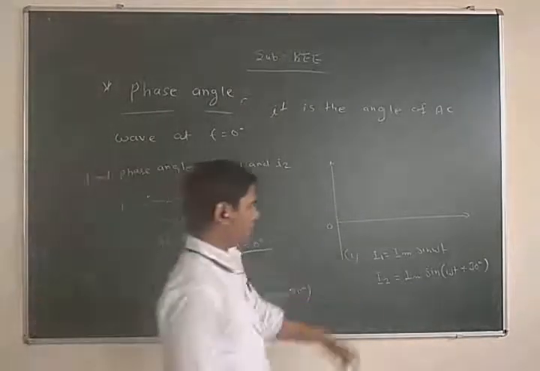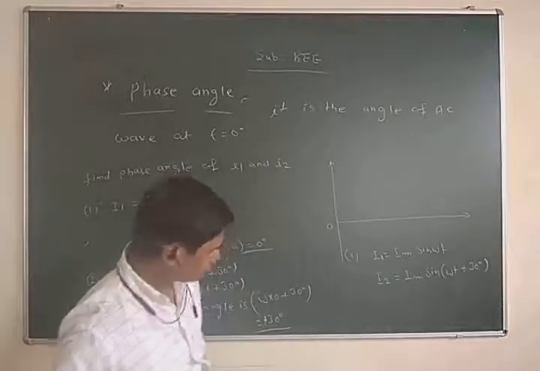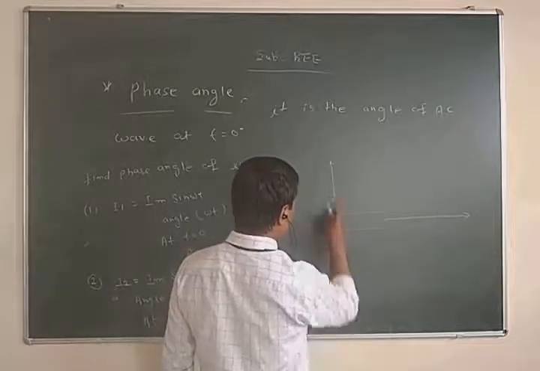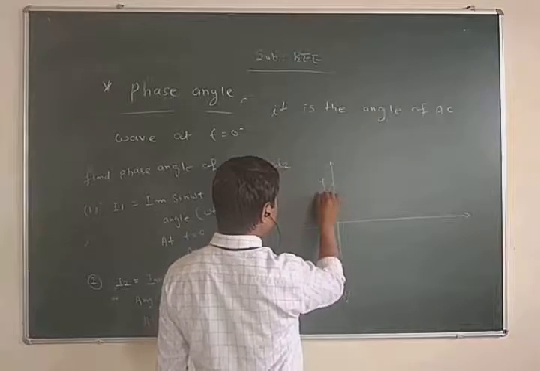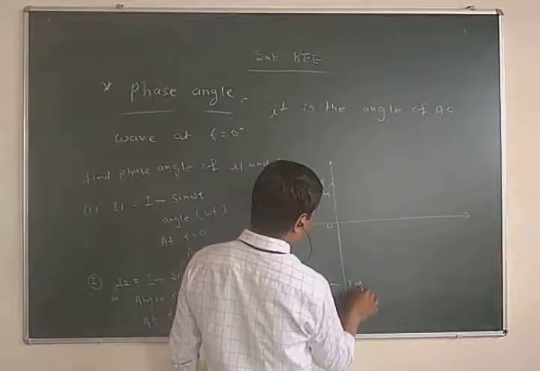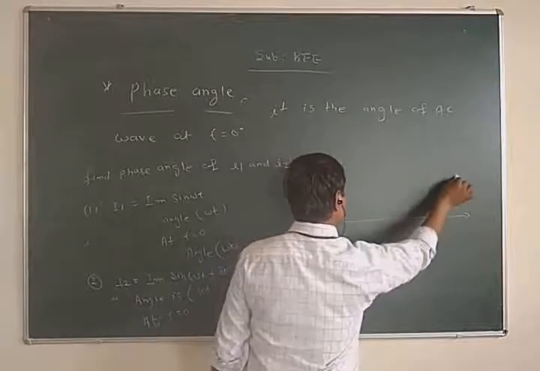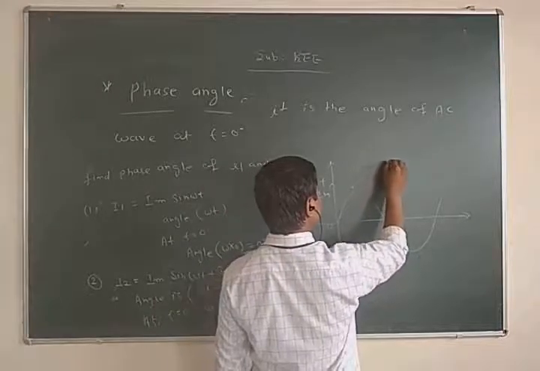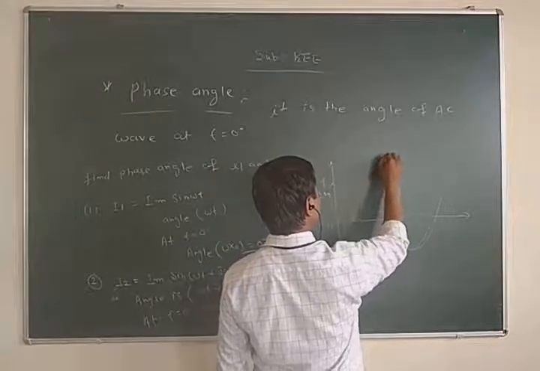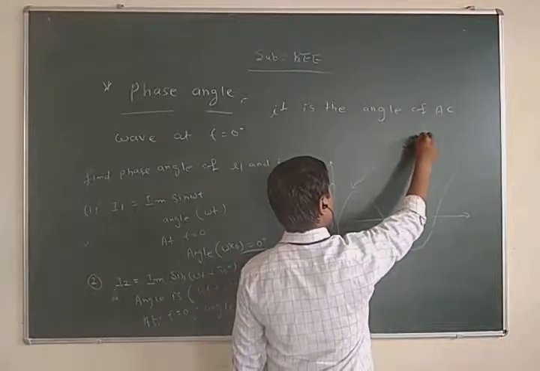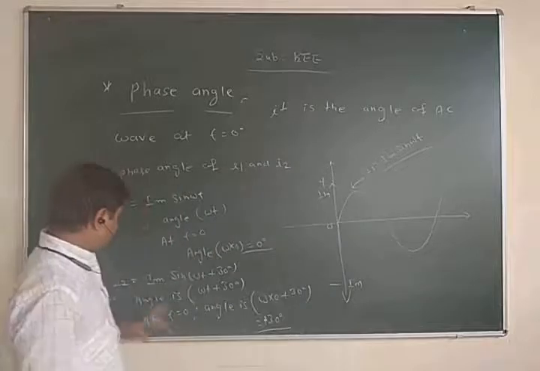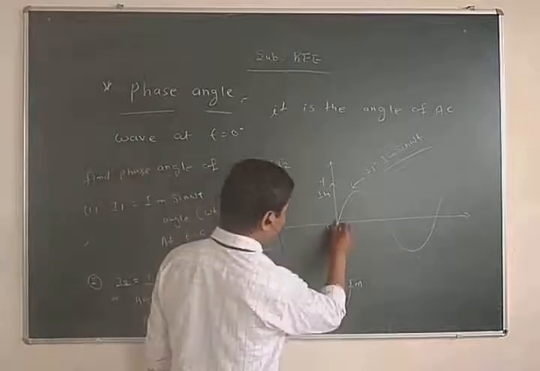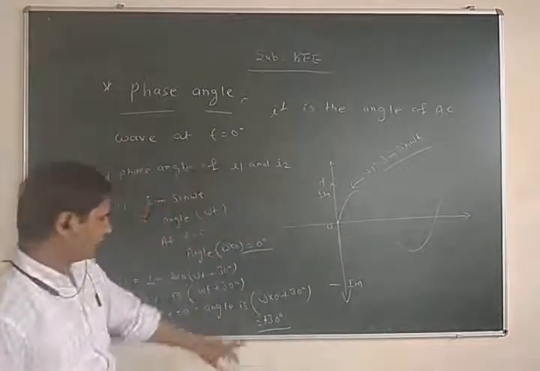Now the waveform of I1 is, suppose, this is the waveform for I1, plus Im and minus Im. This is the waveform for I1, I1 equal to Im sin omega t. For I2, Im sin (omega t plus 30 degree), plus 30 means at t equal to 0 the phase angle is plus 30 degree.